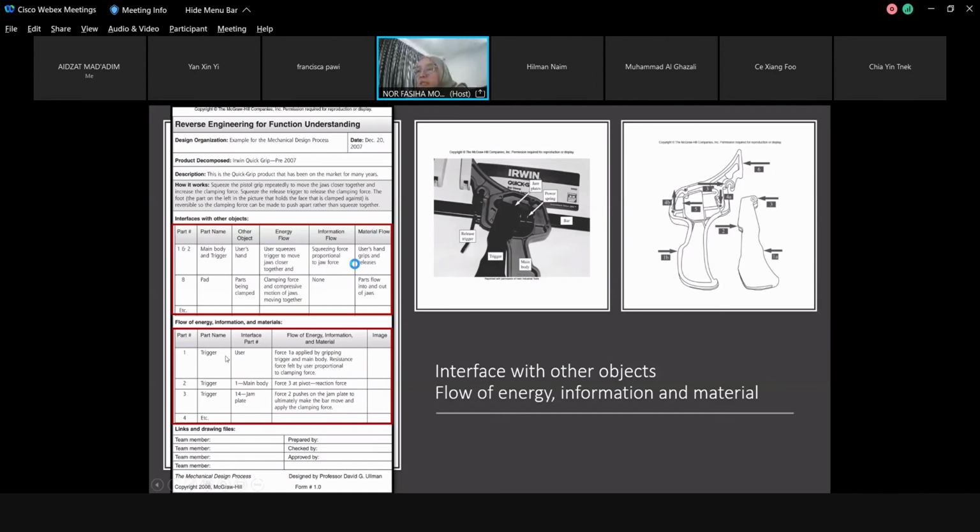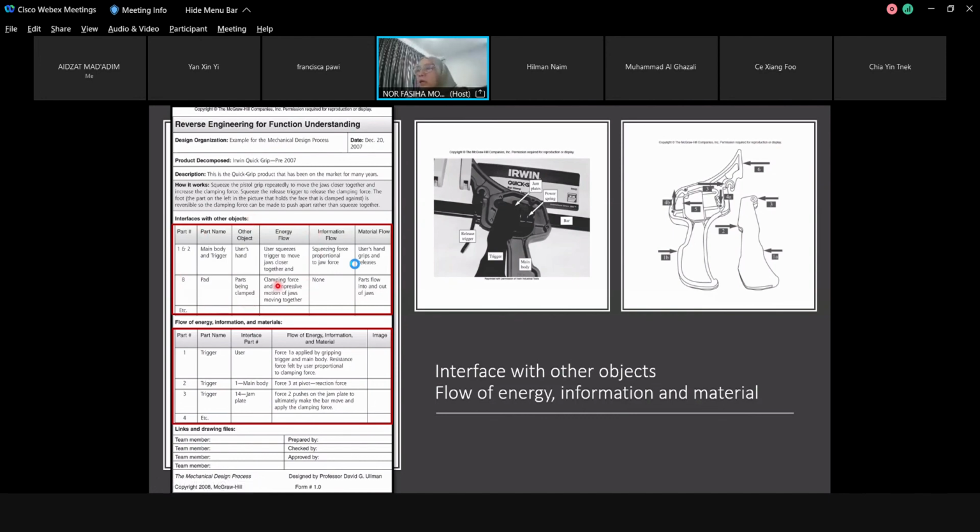This is the reverse engineering sheet. You can refer to this slide or you can find this book, the Mechanical Design Process by McGraw-Hill, and you can just refer to this slide also, no problem. This is the reverse engineering for function understanding.